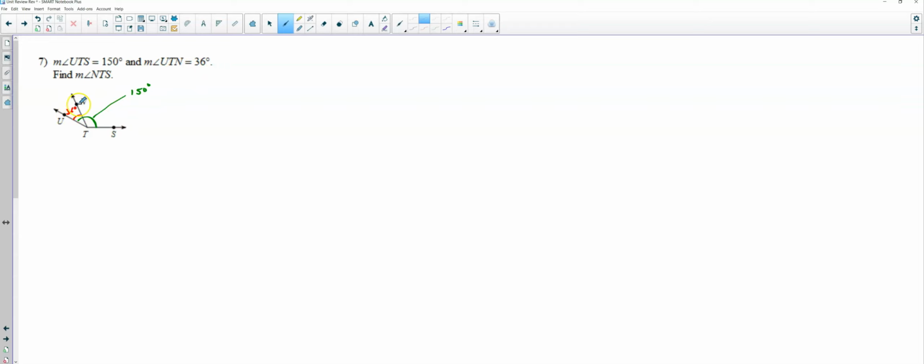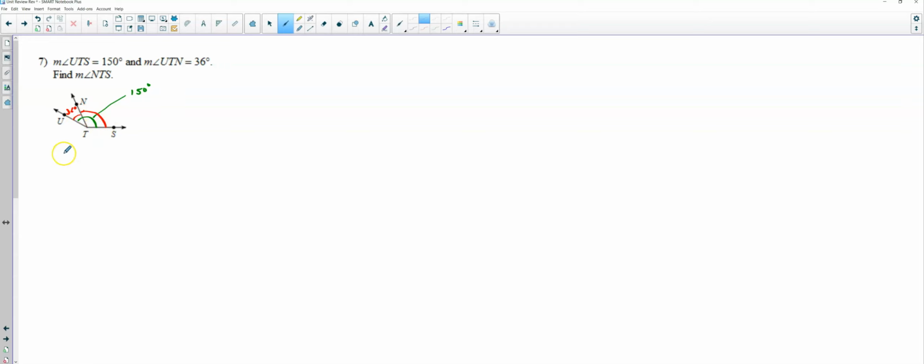Okay, so here I'm going to be applying the angle addition postulate. I know that this angle right here plus this angle right here is going to give me the two reds, is going to give me this green one right here, right?